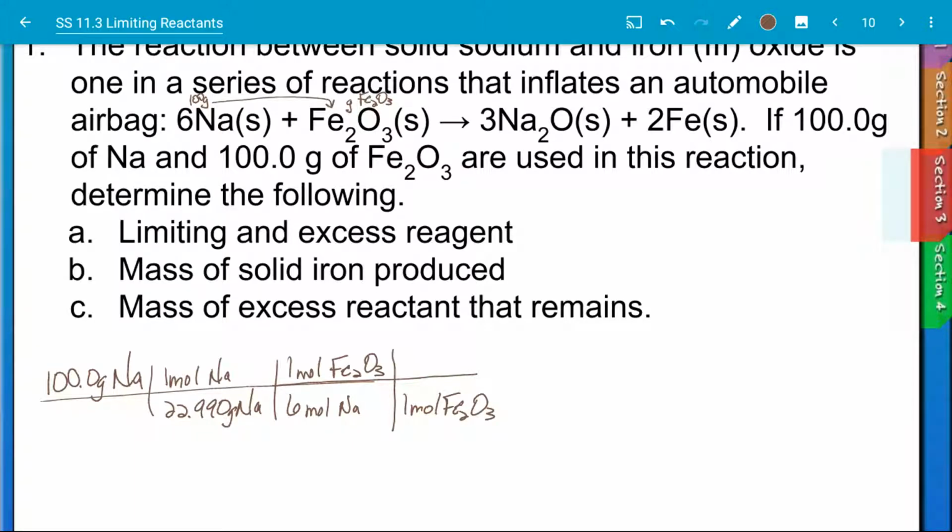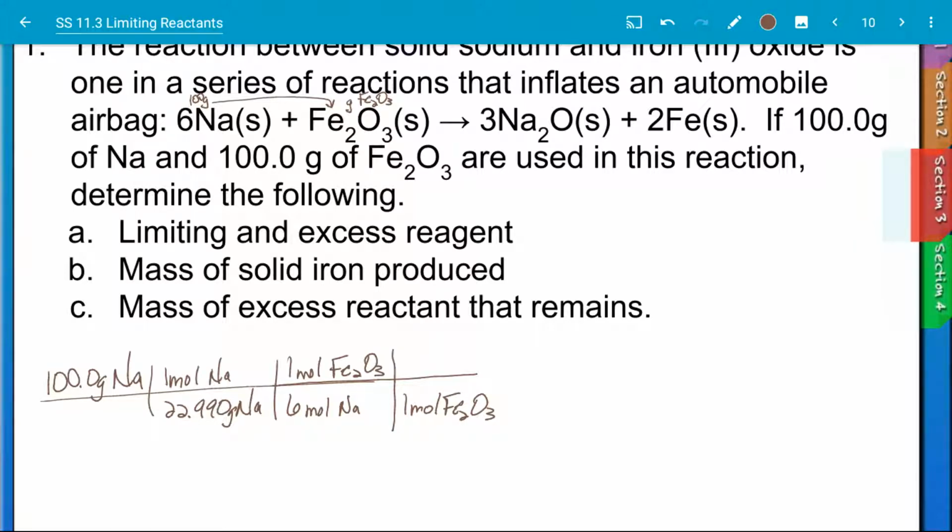So let's see, oxygen is 15.999 times 3. And then iron, where's iron here? Iron is 55.845, so plus 55.845 because I have 2 moles of iron.